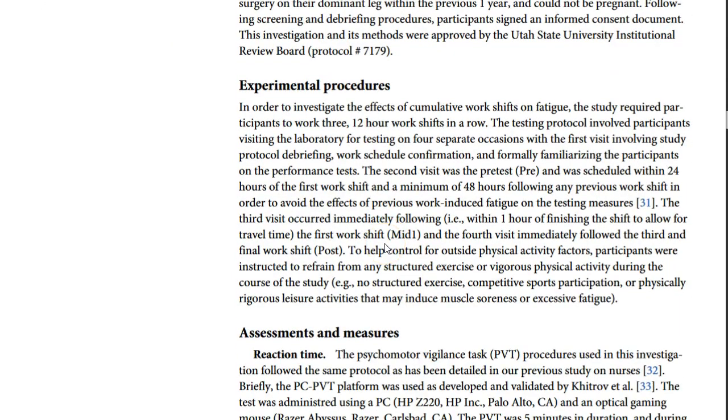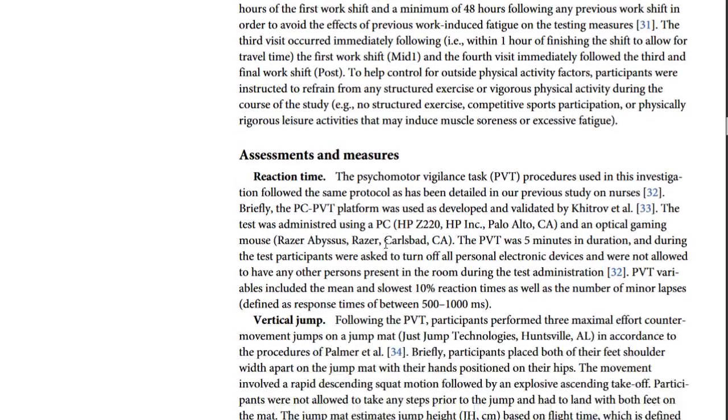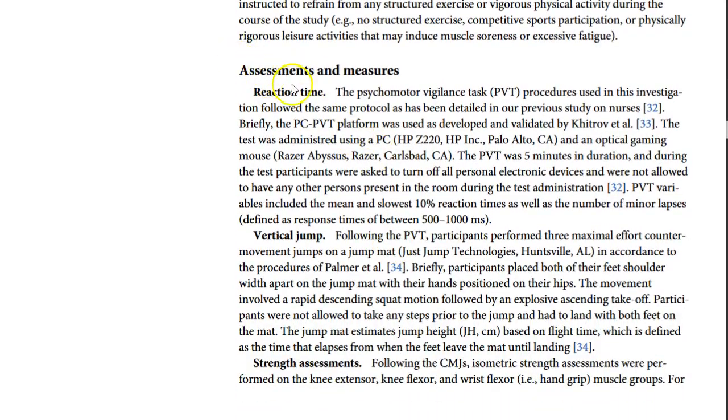All right, so the next thing is the response variables. So let's come down to the response variables, and we get assessments and measures. And they're actually going to tell us what these are. So reaction time. And they're going to use the psychomotor vigilance task called the PVT. And they describe what that is.